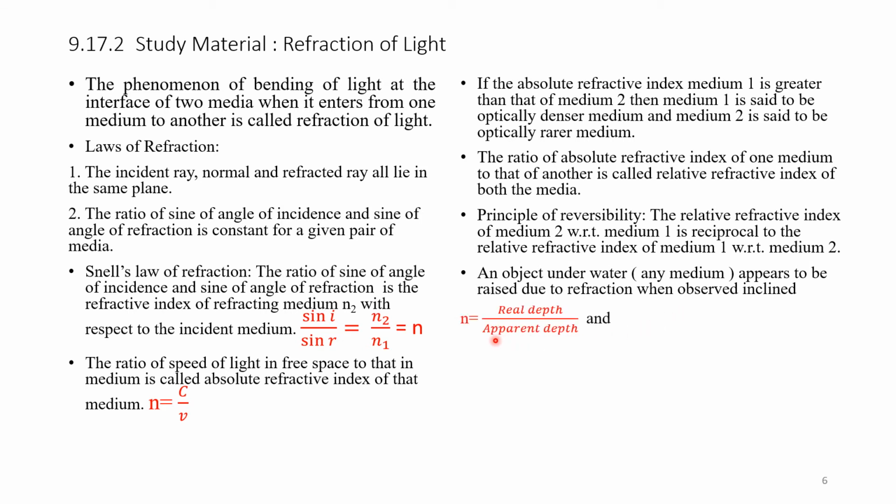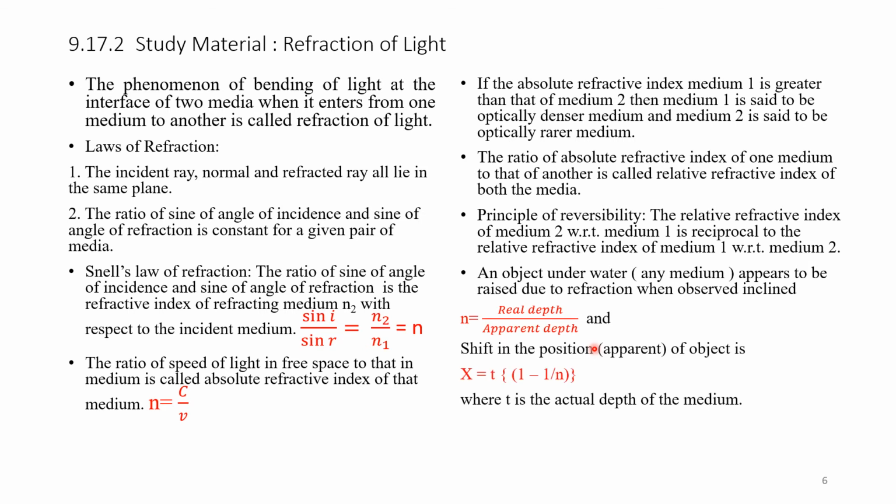That is, the refractive index n = real depth / apparent depth. That means when we view an object in water, it appears raised due to refraction. The shift in position, when it appears raised, is given by x = t(1 − 1/n), where t is the actual depth of the medium.